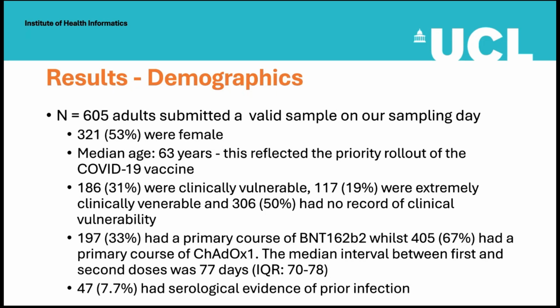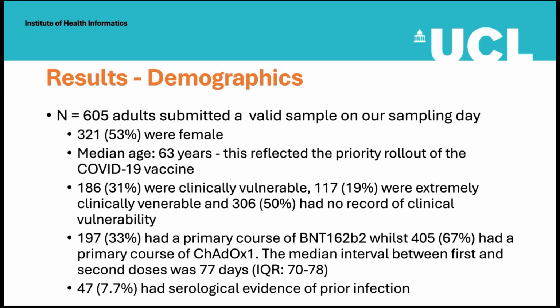About 33% had a primary course of the Pfizer vaccine, that's the mRNA or the genetic vaccine, and the remainder had received a primary course of the Oxford AstraZeneca vaccine, which was the first-line vaccine in the UK response. And the median interval since completing their vaccine course, the primary course, was about 77 days.